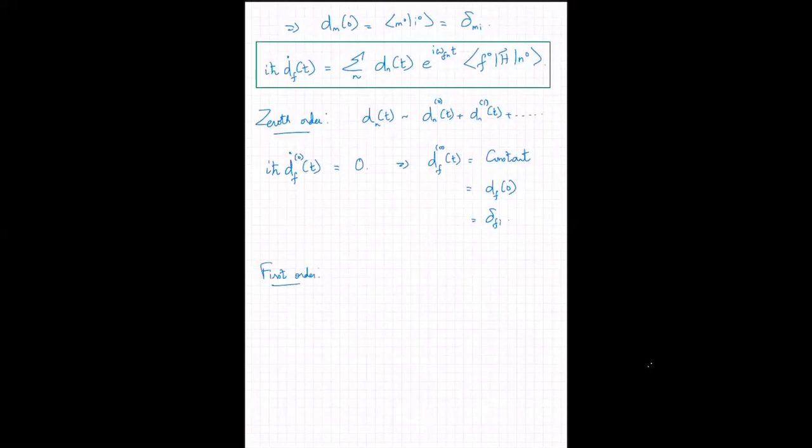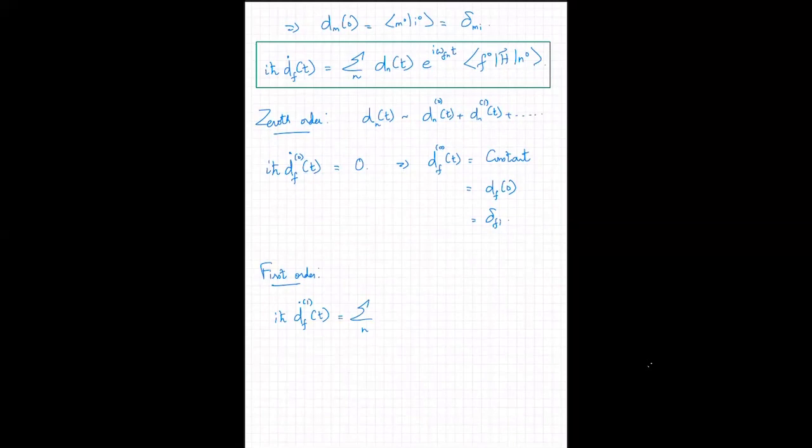So what is the first order correction? To calculate this boxed equation to first order, remember that I should consistently keep things to first order. Now, on the right hand side, it is very simple. I only have one term. So I'll calculate the first order correction to df dot. But how should I treat the right hand side? Well, the right hand side has two terms, right? The d and the matrix element of the perturbation.